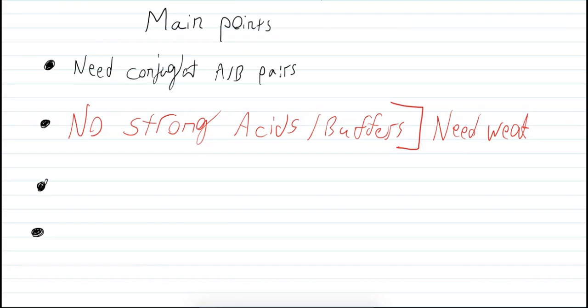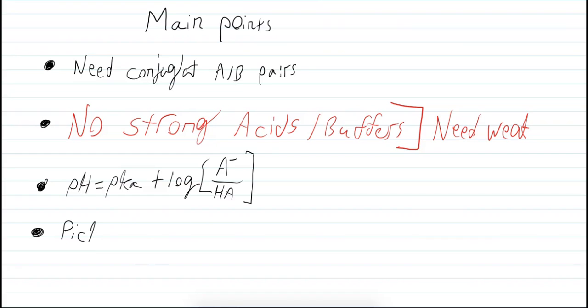Third point, the Henderson-Hasselbalch equation. pH equals pKa plus the log of base to acid. Understanding each part of this equation and how it works together will give you a fantastic understanding of buffers. And the last one is picking a buffer.